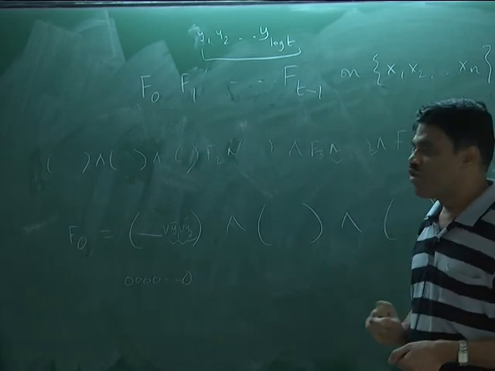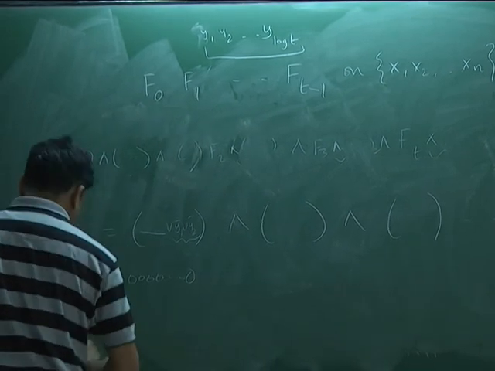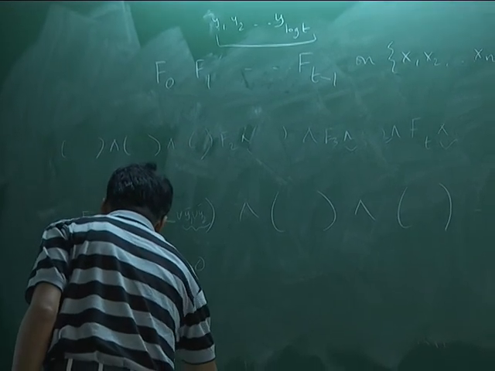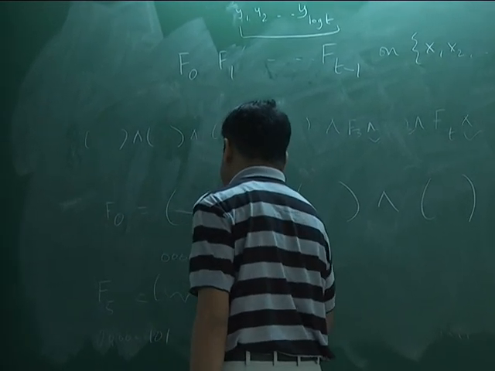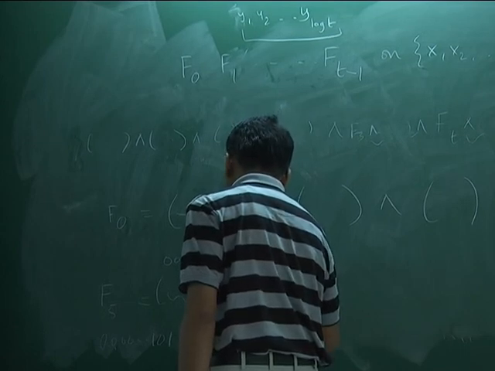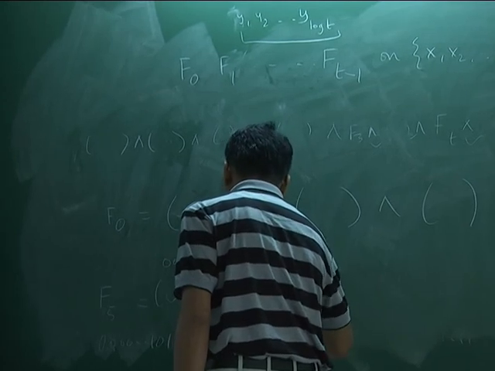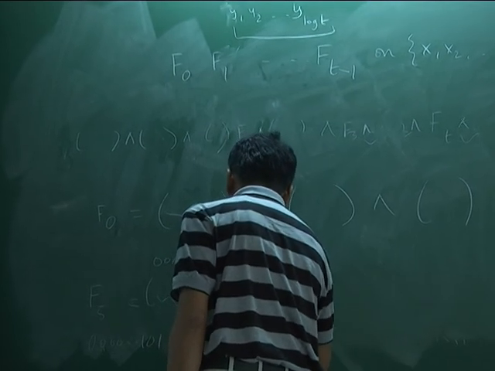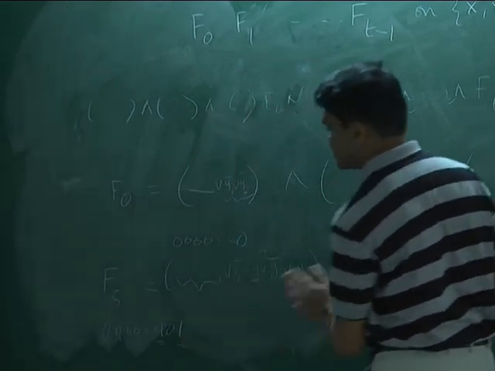In F5, which is 5, that is 0 0 0 0 0 0 1 0 1, all clauses here have the original things plus the y variables. This guy and this guy will be positive because this is 1 and this is 1, everything else will be 0.